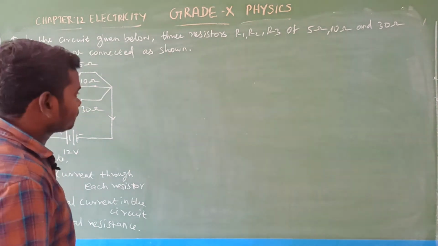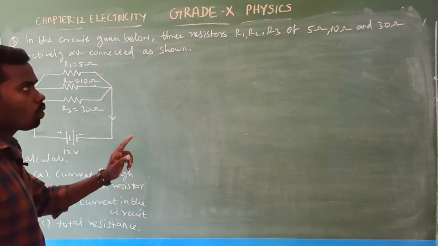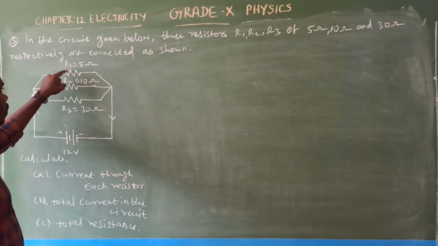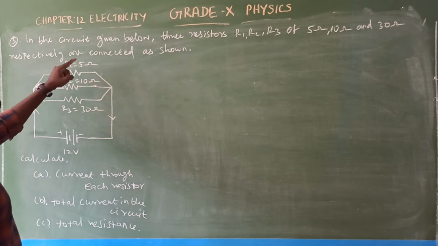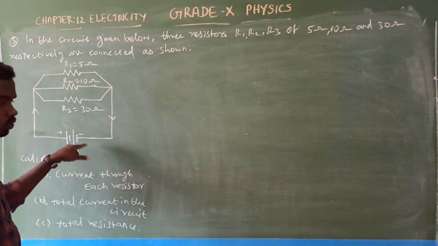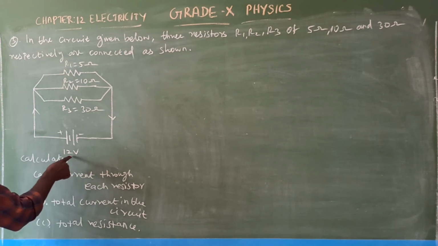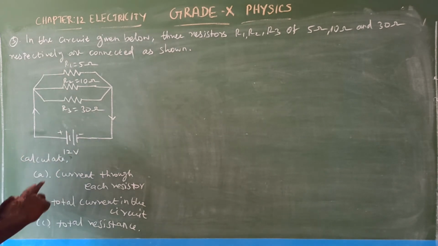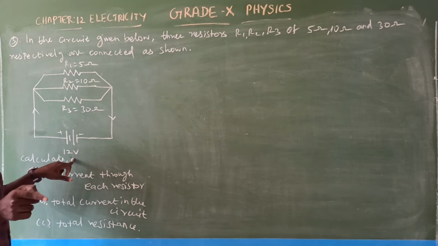Look at here. The question is, in the circuit given below, three resistors R1, R2, R3 of 5 ohm, 10 ohm and 30 ohm are connected as shown in the figure. The potential difference is 12 volt. All these different resistors are connected along with the two terminals of the battery of potential difference 12 volt.